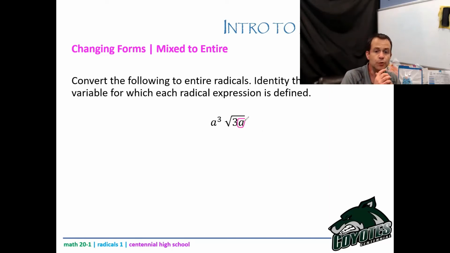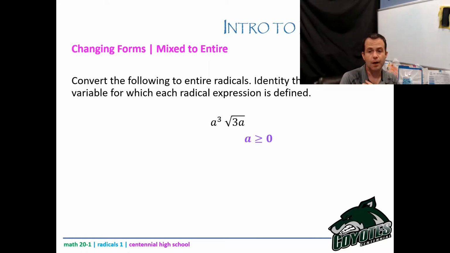So because of that, a can't be anything I want. And so what we have to say is, hey guys, a has to be greater than or equal to 0. A has to be 0 or a positive number, essentially. The way we write that is a is greater than or equal to 0, just like that. That's our mathematical way of saying, hey, a has to be positive.